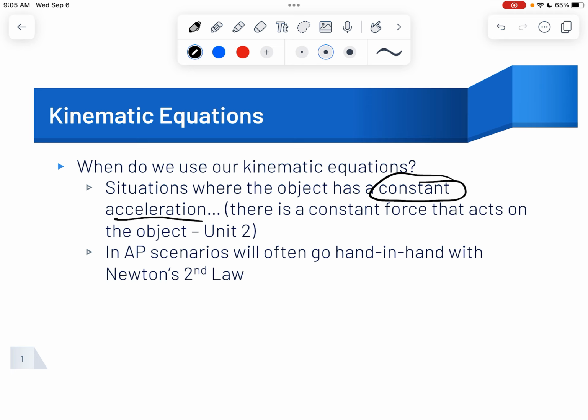Oftentimes we'll have to use Newton's laws and force considerations, or maybe energy considerations, to solve for part A of a problem, finding an object's acceleration or an object's final velocity. And from there, part B might be to apply our kinematic equations to figure out the time something's been traveling, or how far it travels during that motion.